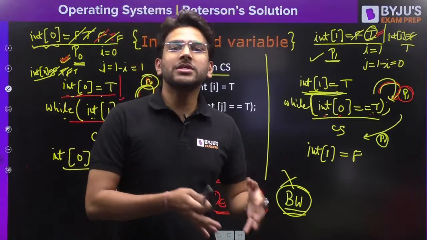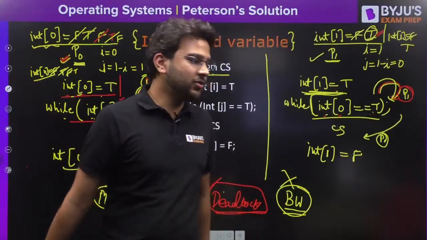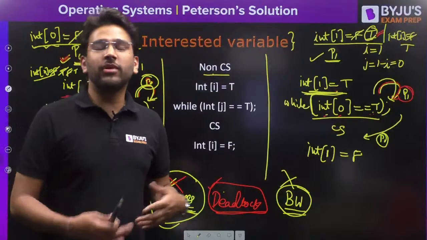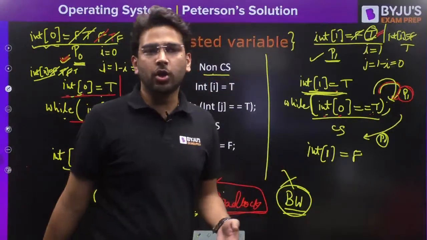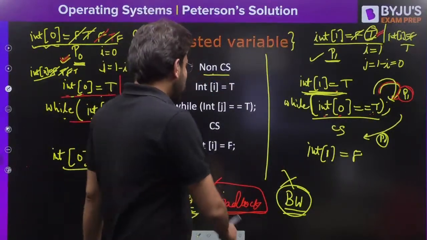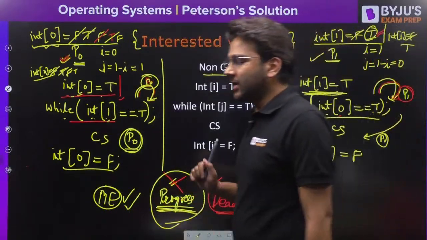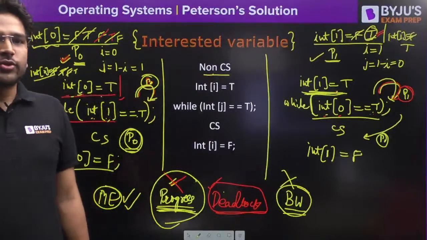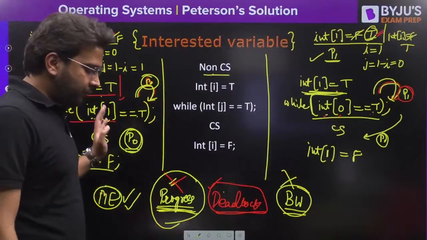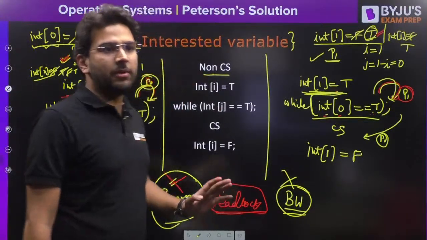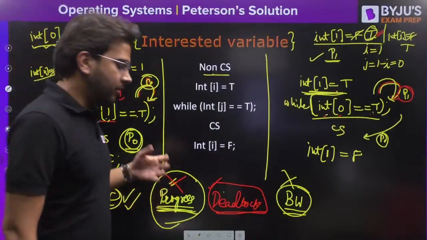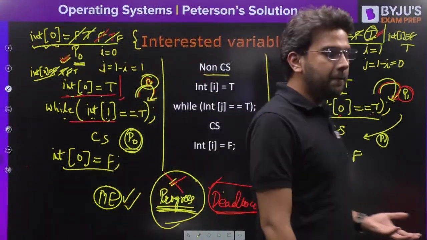Per process we talk about bounded waiting, but in case of progress we talk about the entire system, whether the system is able to proceed or not. Clear? So that is why if deadlock is there, progress is not there, but bounded waiting is also not satisfied in this case. So this turn variable and interested variable, both were failure solutions, we can say.